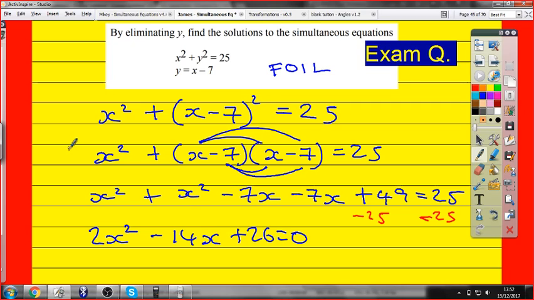So would you have to first of all get rid of the 26? Or get rid of the 14, sorry. You might be onto something. There's something easy you can do, which would be to half everything. So 1x squared minus 7x add 13 equals 0. That's it. Any idea how you'd solve that?